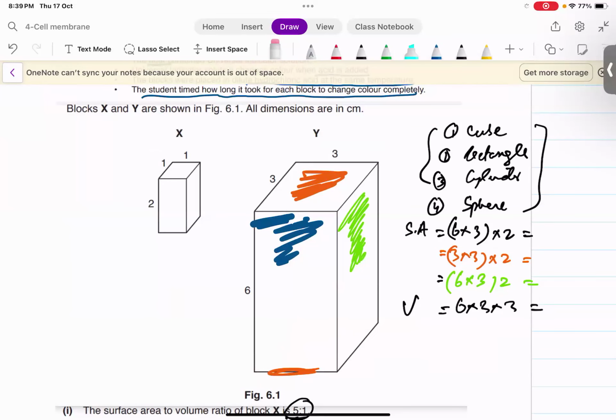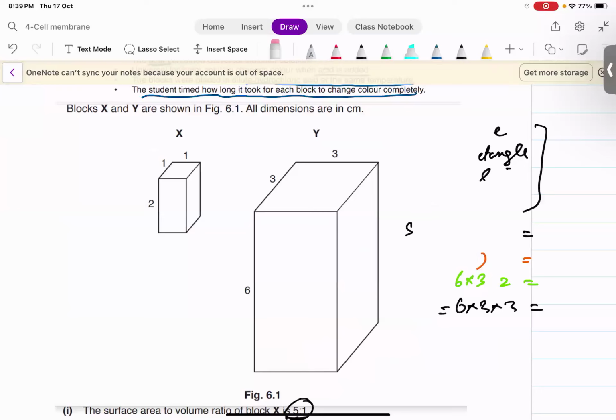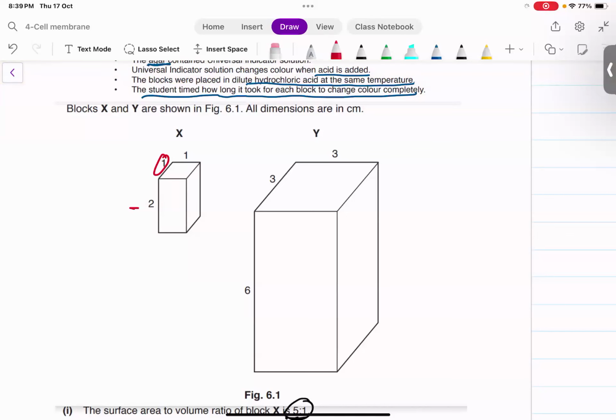So X has a height of 2 centimeters, a width of 1 centimeter, and the other dimension is 1 centimeter. So we can calculate its surface area, and we can also calculate its volume.